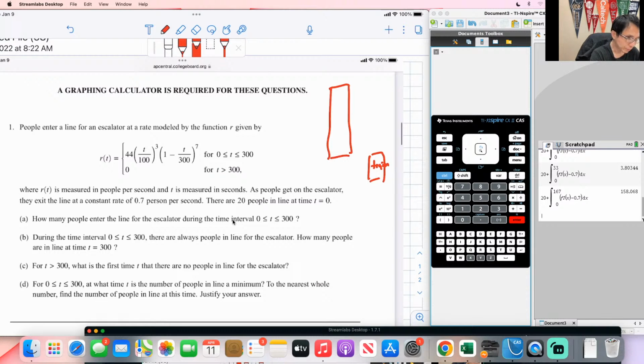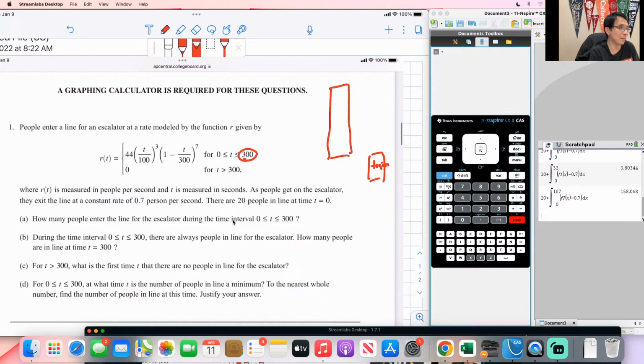Before the train comes in, but after the train left, about 300 seconds, that's about 5 minutes, right? At first, a lot of people get out of the train and go onto the escalator.